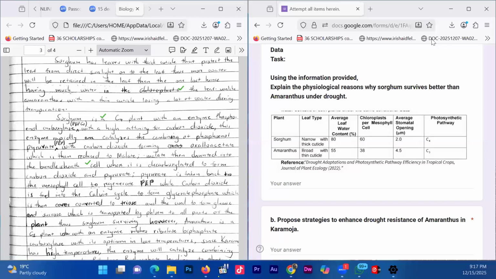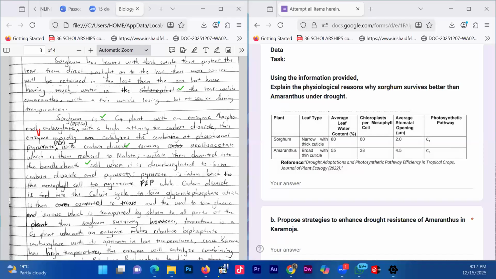Have you seen that? The word pyruvate you need to add. Phosphoenolpyruvate carboxylase has a high affinity for carbon dioxide and catalyzes the reaction between phosphoenolpyruvate and carbon dioxide to form oxaloacetic acid, which is reduced to malate, shunted.